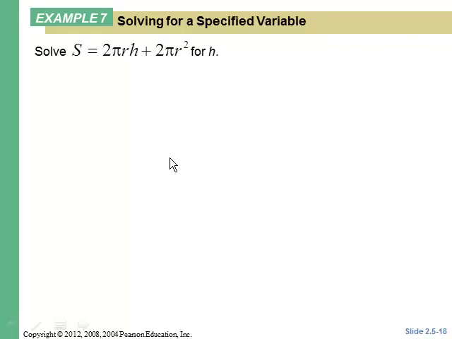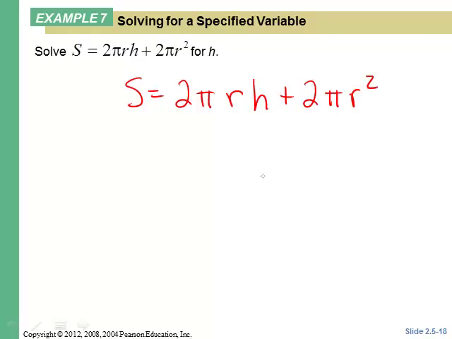All right, sometimes they get a little tricky. Let's look at this one. S equals 2 pi r h plus 2 pi r squared. We want the h all alone. So I think the first thing I'm going to do is take care of the addition. Subtract 2 pi r squared from each side.